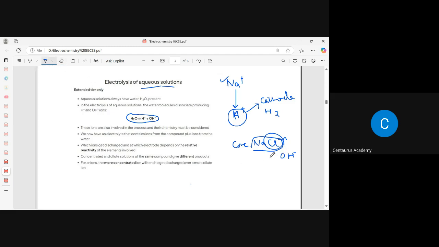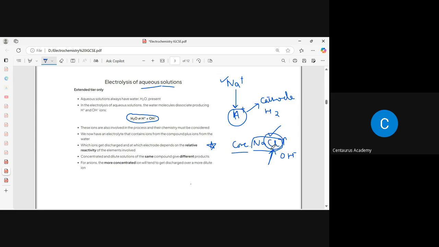So amongst these, whenever any such electrolysis takes place, the rule of thumb is that chloride ions, or the halogen, whatever halogen it is, be it chloride, bromide, or iodide, has the greatest tendency to be deposited only if it is a concentrated halide.